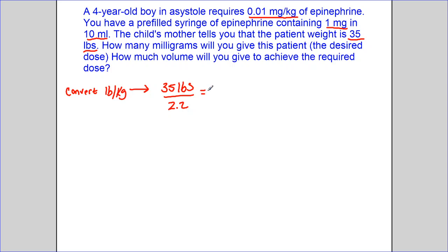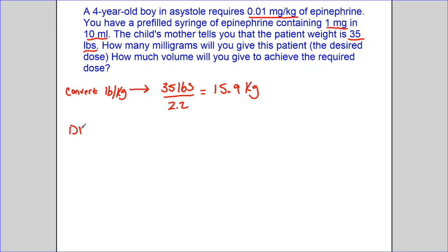See what we get. It's going to give us 15.9 kilograms. All right, we know we need to give 0.01 milligrams per kilogram.